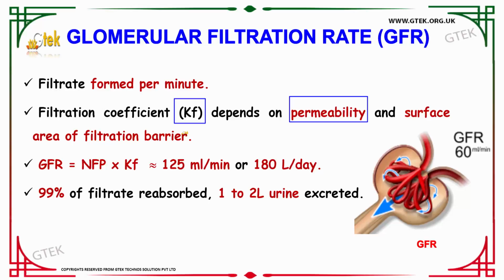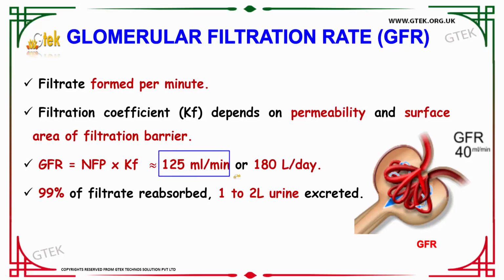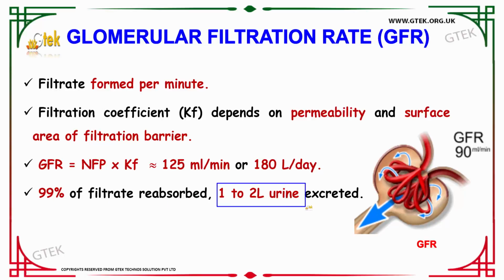Your GFR is obtained by multiplying your NFP with your filtration coefficient Kf, which is approximately 125 ml per minute or 180 liters per day. 99% of the filtrate is reabsorbed and 1 to 2 liters of urine is excreted per day.